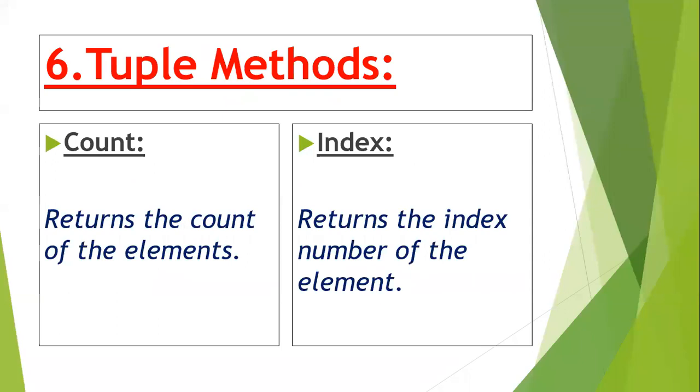Next, tuple methods. Count and index. Count returns the count of the elements: how many times a number is repeated in the tuple. For example, how many times 1 is repeated, that we can count in the tuple.